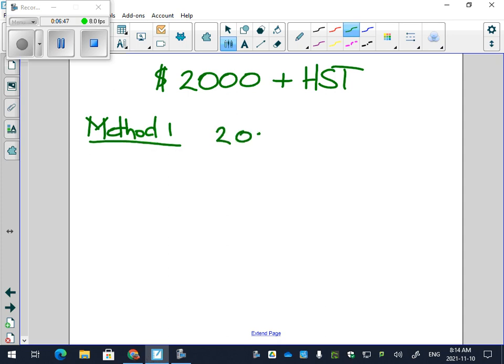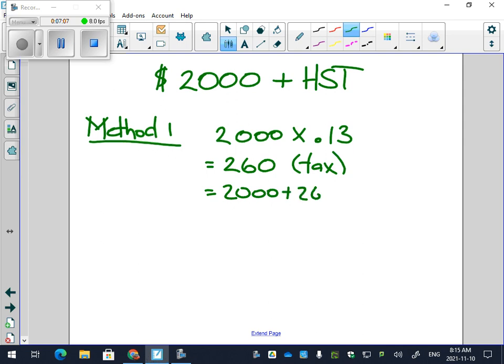So we have $2,000. We multiply that by tax in Ontario, HST, which is 13%. When we do that, we find out that equals $260. That's the tax. Now we have to go back and add that to our original $2,000. $2,000 plus $260 equals $2,260 for the item including tax.